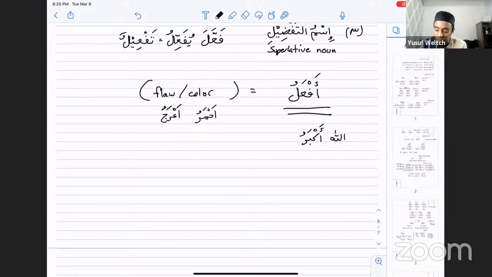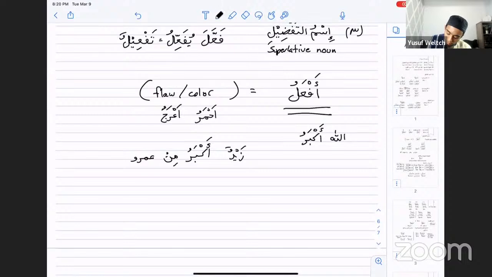So it's left unmentioned intentionally. But you could say that, for instance, Zaydun akbaru min Amr. Zayd is greater than Amr.